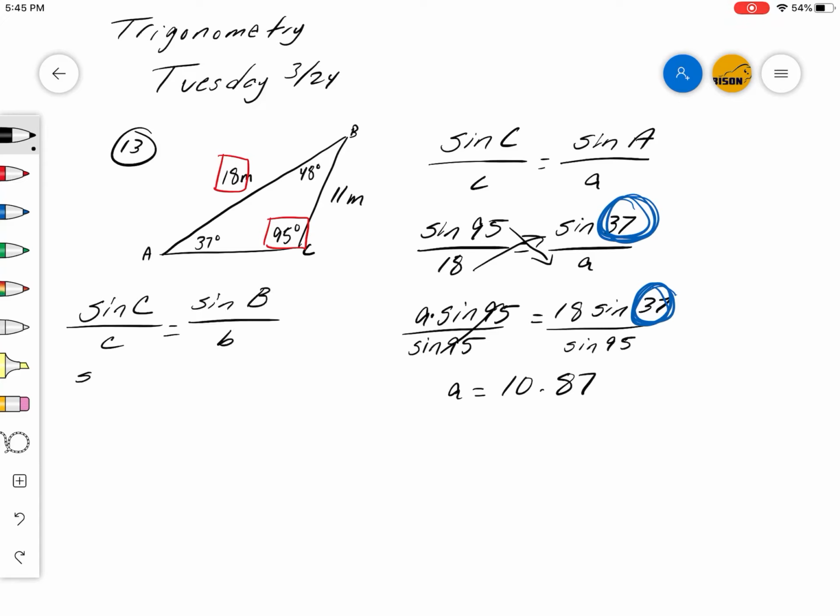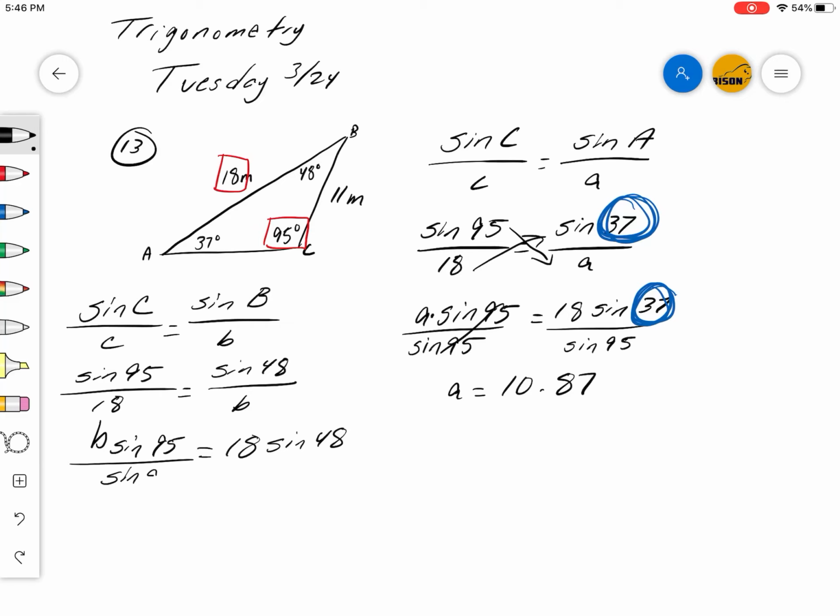Okay, so I'm going to set up the same control. I've got sine of 95 over 18, and that's going to be equal to sine of 48 this time, all over B, which is what we're looking for. Cross multiplying will give me B sine of 95. That looks like a 6. Let me change that. B sine of 95 is equal to 18 sine of 48.